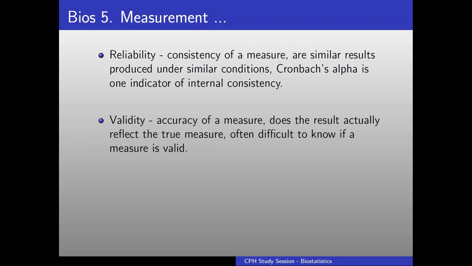In addition, you may want to know about Cronbach's alpha, which is an indicator of internal consistency or internal reliability, an elementary measure that some people use for questionnaires and things like that.